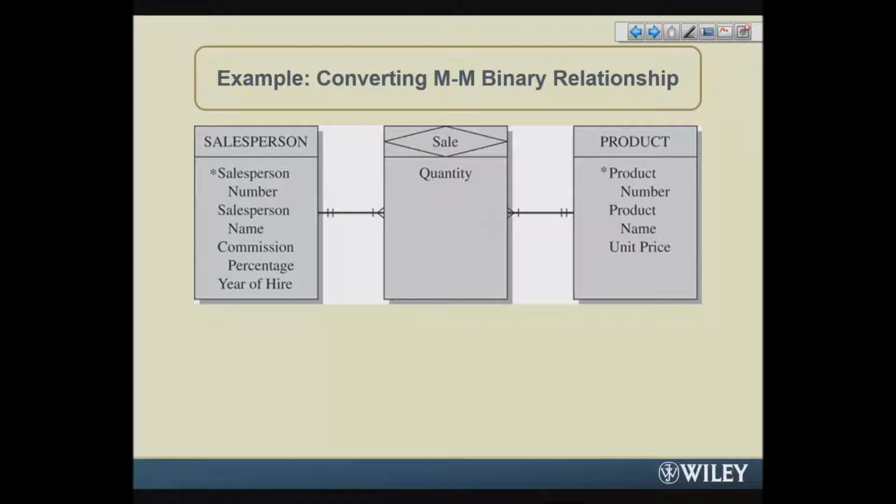If you still want me to talk more about it, what do you think? Is it clear or do you want some more? Okay. So when we have a many-to-many relationship between two entities, that's not supported by any relational database management system.